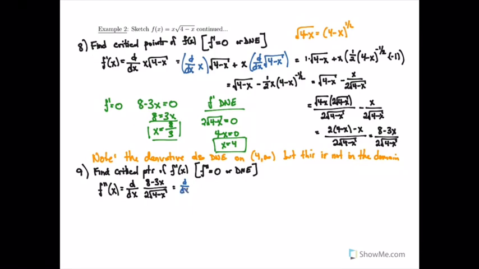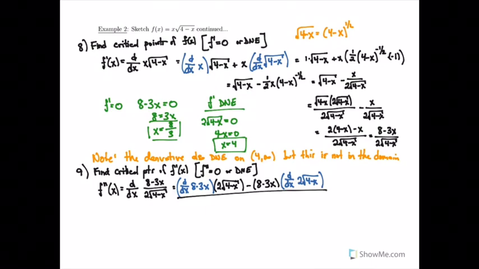So I'm going to take the derivative of the top times the bottom, minus the top times the derivative of the bottom, all over the bottom squared.